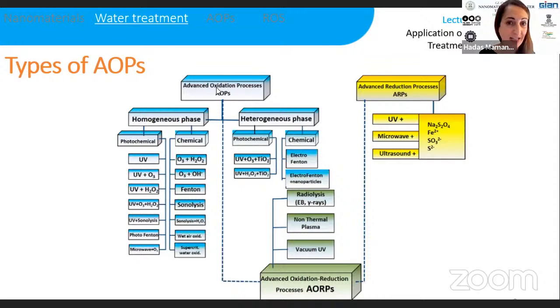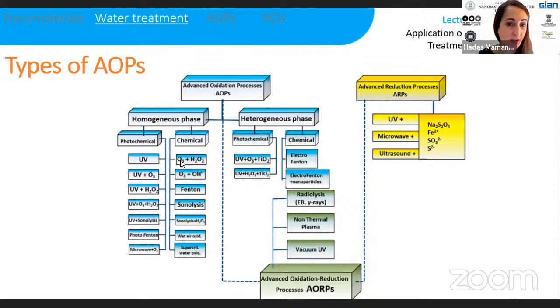Just to summarize, advanced oxidation processes could be characterized in different ways. I showed you, for example, classification with photolytic and non-photolytic processes. But AOPs can also be classified as homogeneous and heterogeneous, and then further classified as photochemical and chemical.